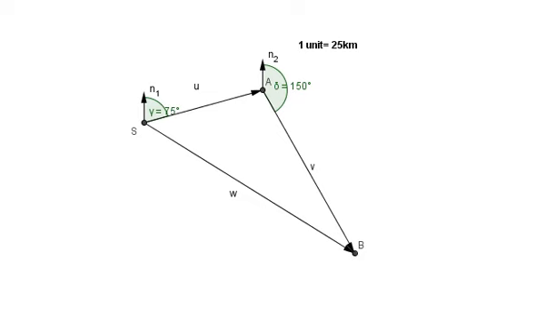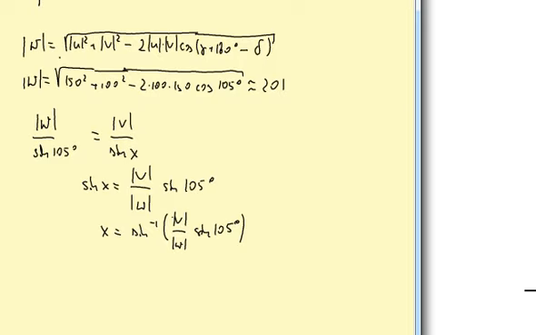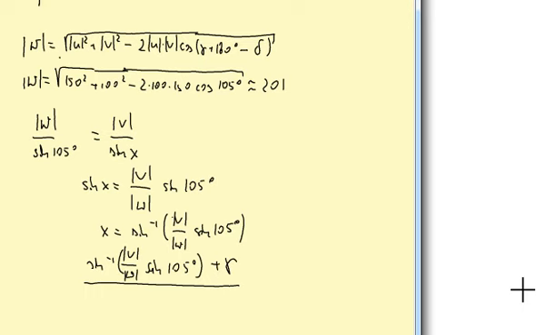So the bearing is the inverse sine of the value plus delta, and this is the bearing of point B, the formula to find it. And of course I believe you can find the numerical value by using the calculator.